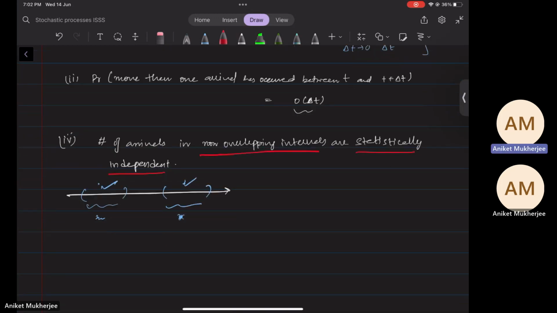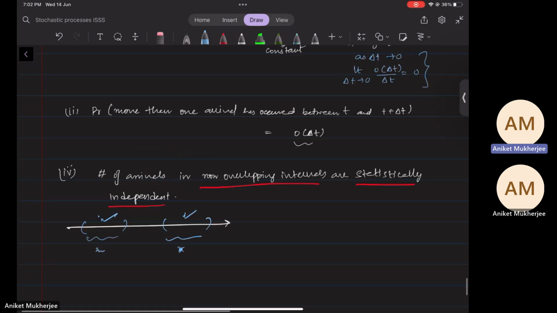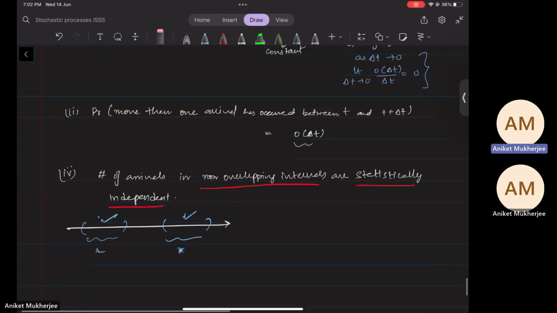So now I'm going to define, okay, so this is one way to define a Poisson process.